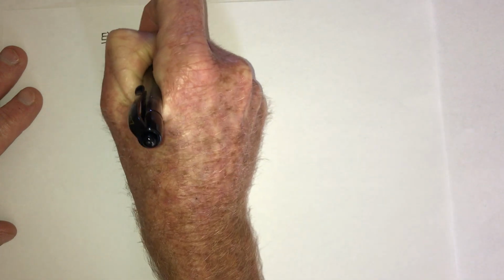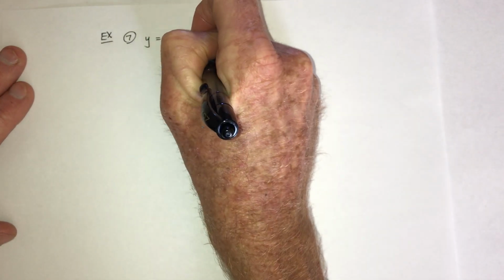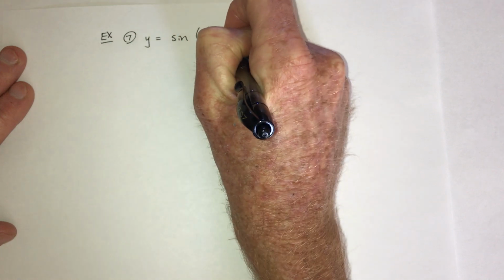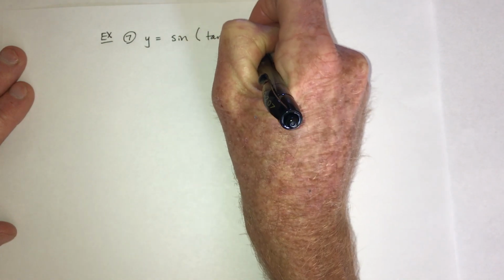Then for the last example, I'm going to do 2 that look very similar. So for example number 7, y is equal to this.